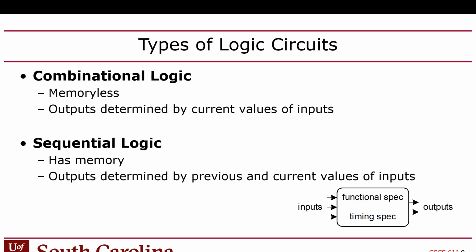Okay, so there's two types of logic circuits. And by the way, when I say logic circuits as opposed to any other type of circuit, like an analog circuit, logic circuits are digital circuits. There's two types. There's combinational logic, where the outputs are a function of only the inputs.